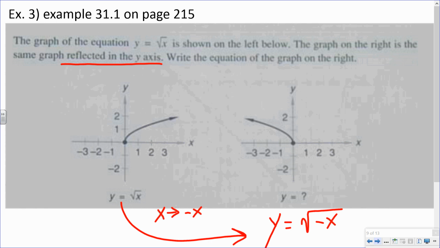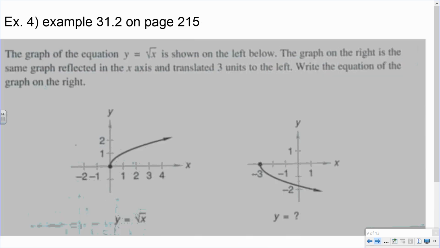Notice for the one on the left, the domain was only the things that were not negative. We could only put non-negative things inside of here. Over here, the domain is everything that's not positive. It means for x, I can only put in non-positive things. So if I take the opposite of those non-positives, I don't have any negatives, and it works. Everybody good with that one?